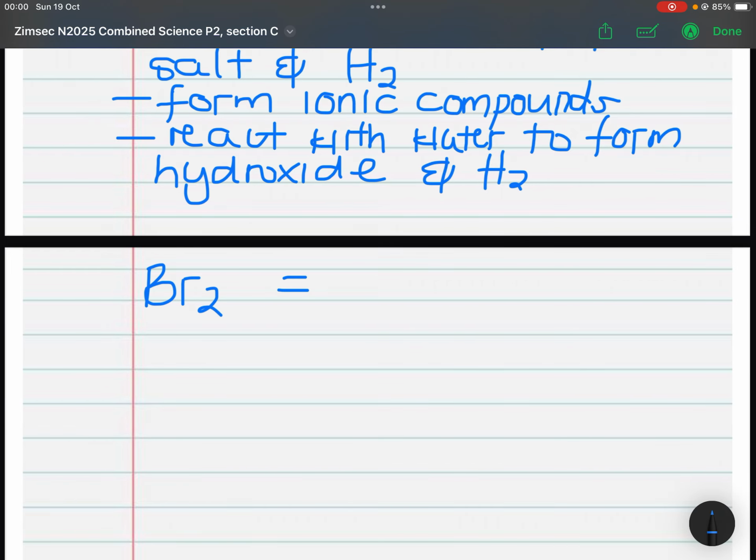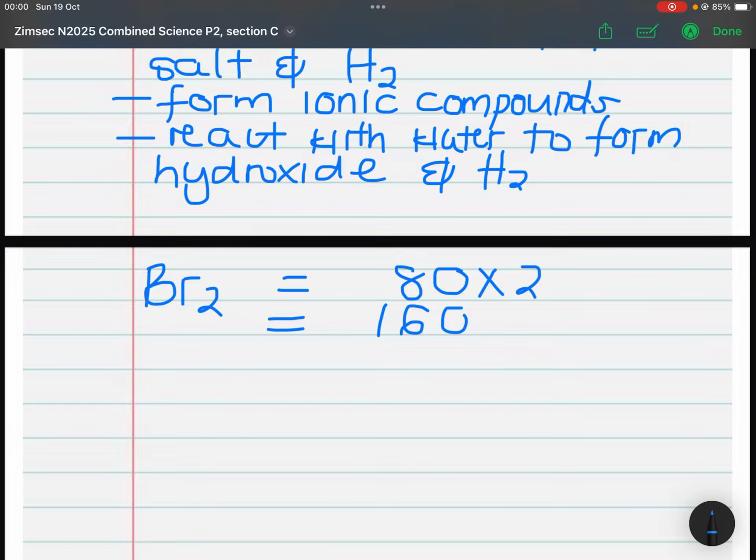The molecular mass of 1 bromine is 80. Here we are having 2 bromines, so we say 80 times 2 to get 160. This is the molecular mass of bromine molecule.